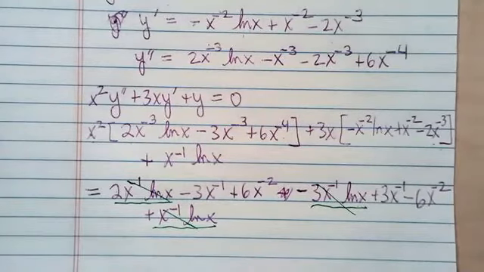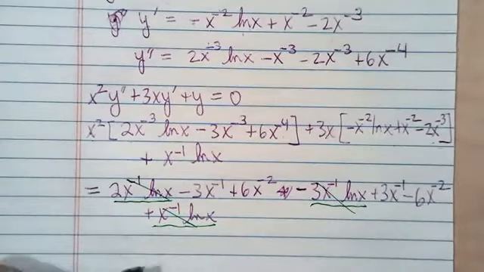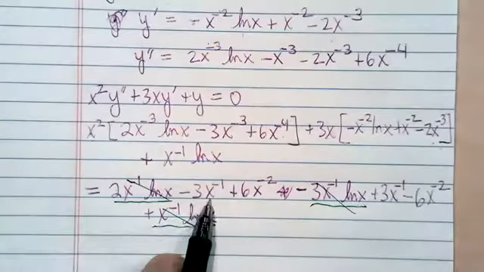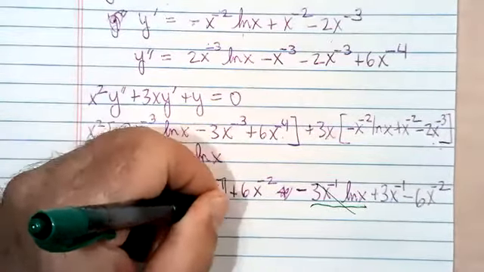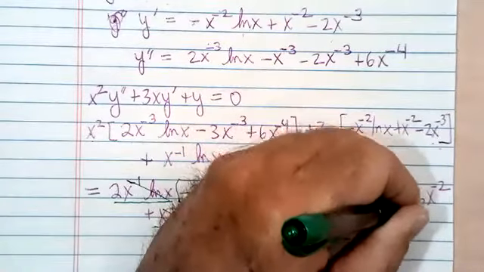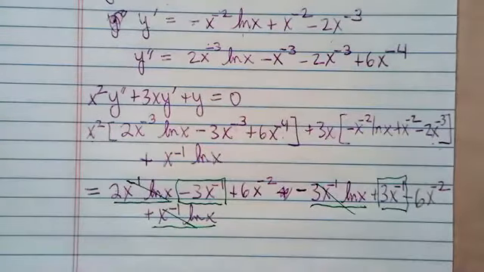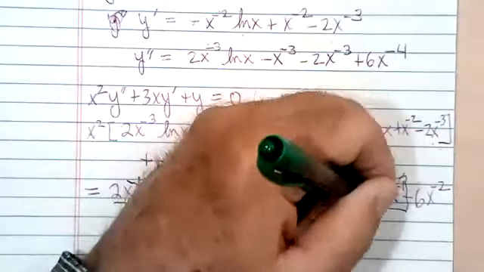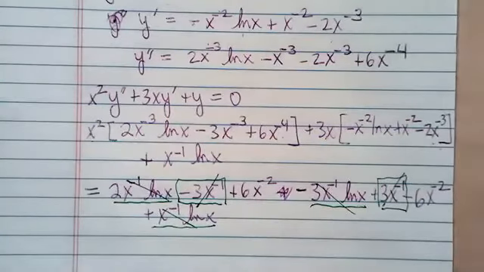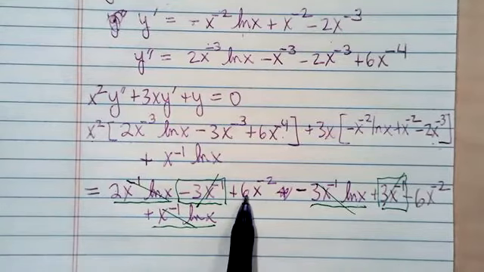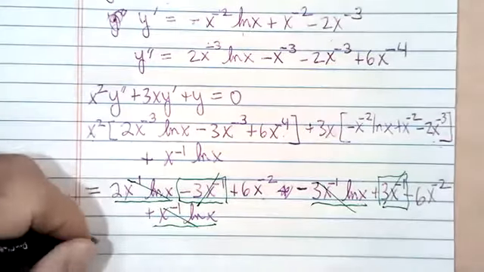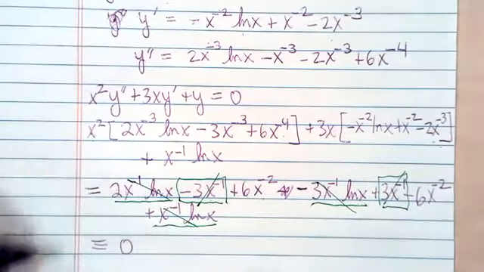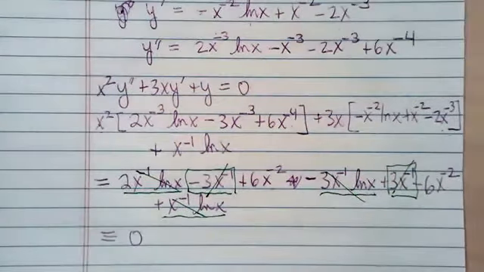All right, minus 3x to the minus 1 is here. Plus 3x to the minus 1 is here. And those will add up to 0. And what's left is 6x to the minus 2 minus 6x to the minus 2, woohoo, is the 0 function. It worked.